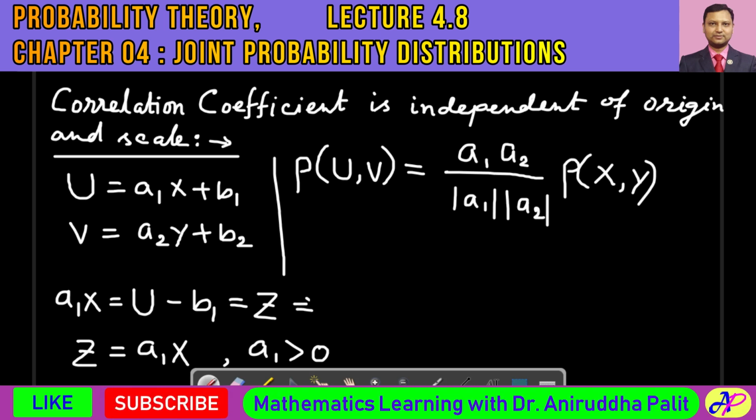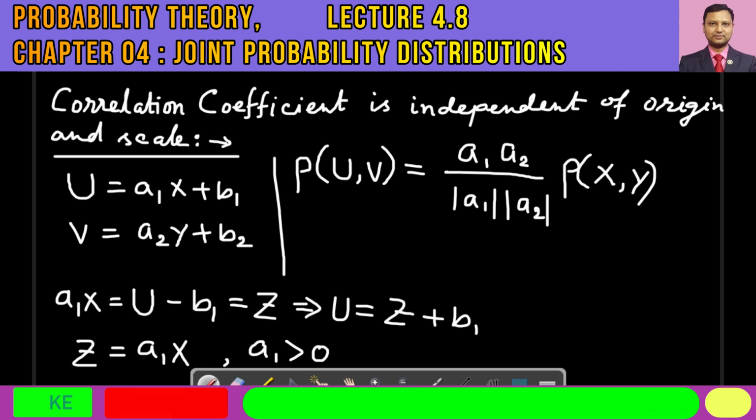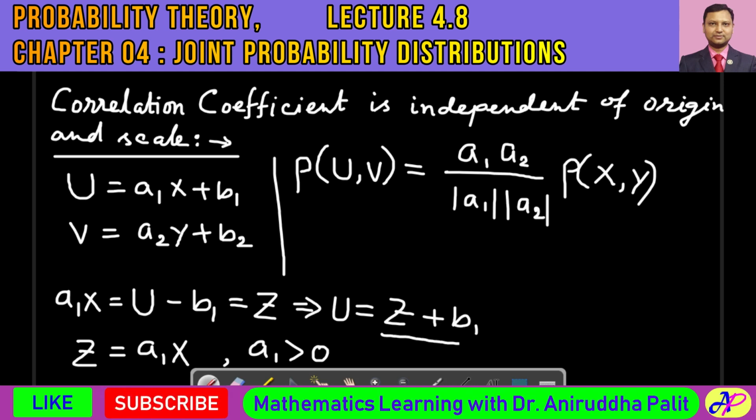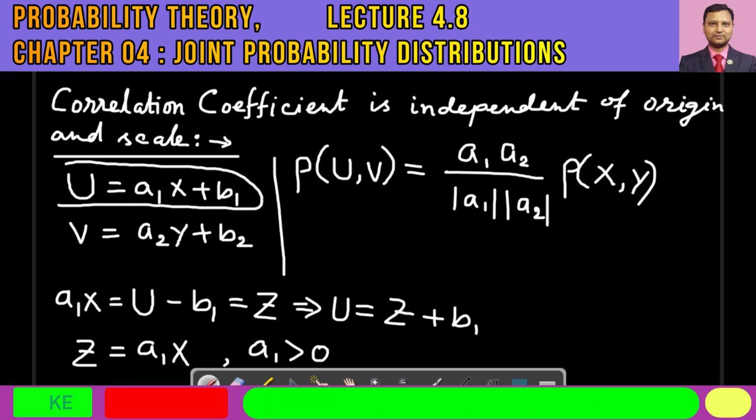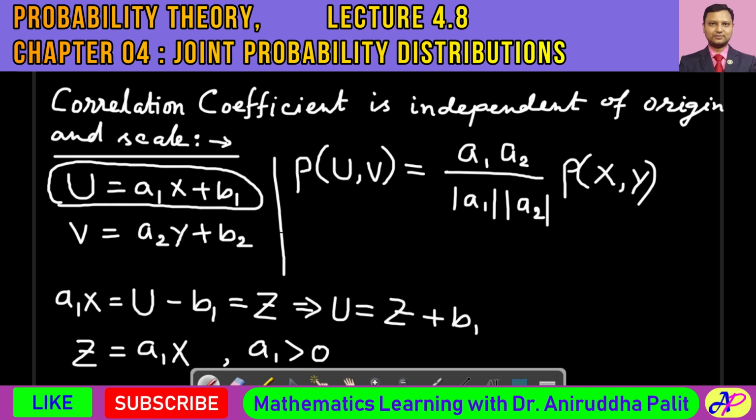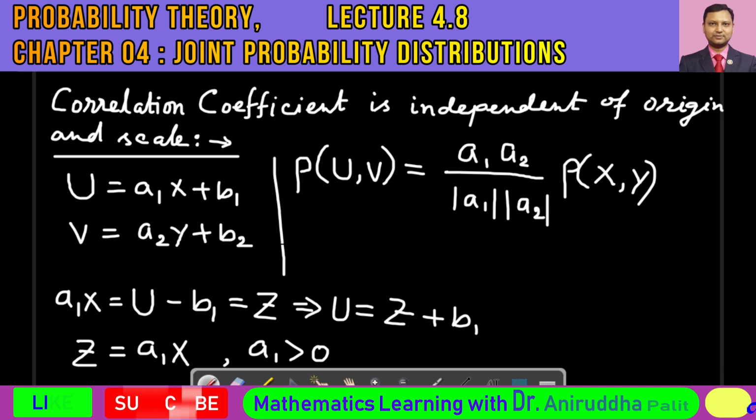Now over here you see u minus b1 is equal to z. It actually means that u is equal to z plus b1. So if we add some constant or subtract some constant, what does it mean? It means that we are changing the origin. So altogether, this transformation u equals a1x plus b1 would have both the effects, the change of origin and change of scale, provided that a1 is greater than 0.